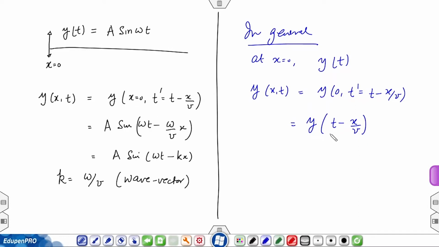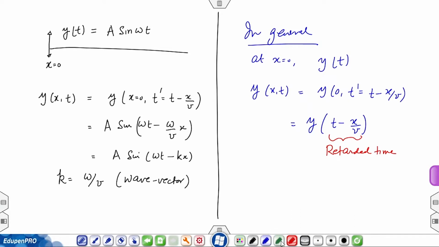This time is known as retarded time, and what it says is that at point x, the displacement is the same at time t as it was at point x equals 0 at time t minus x over v, or at retarded time.